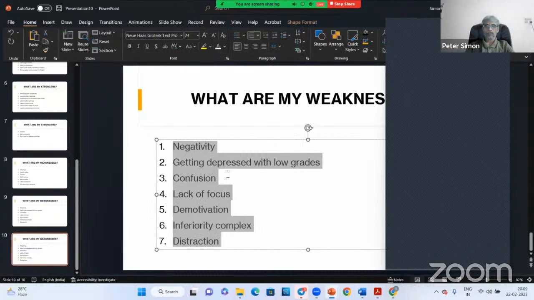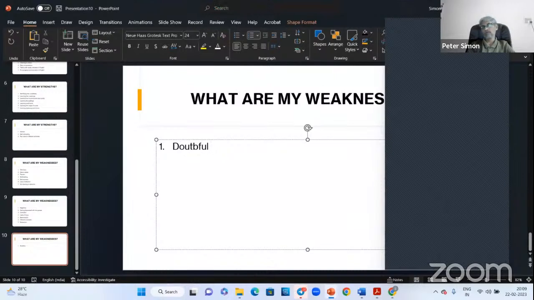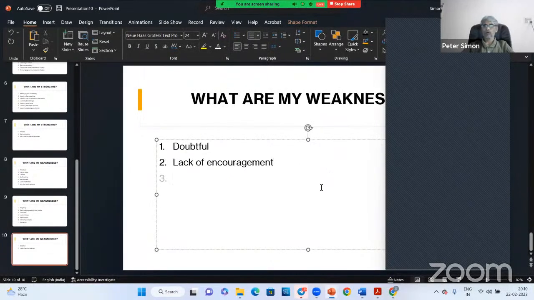Doubtful nature, doubtful whether I can do it, worried whether I can achieve my goal or not. Then next one is lack of encouragement. Yes, feeling low. So what are other points?